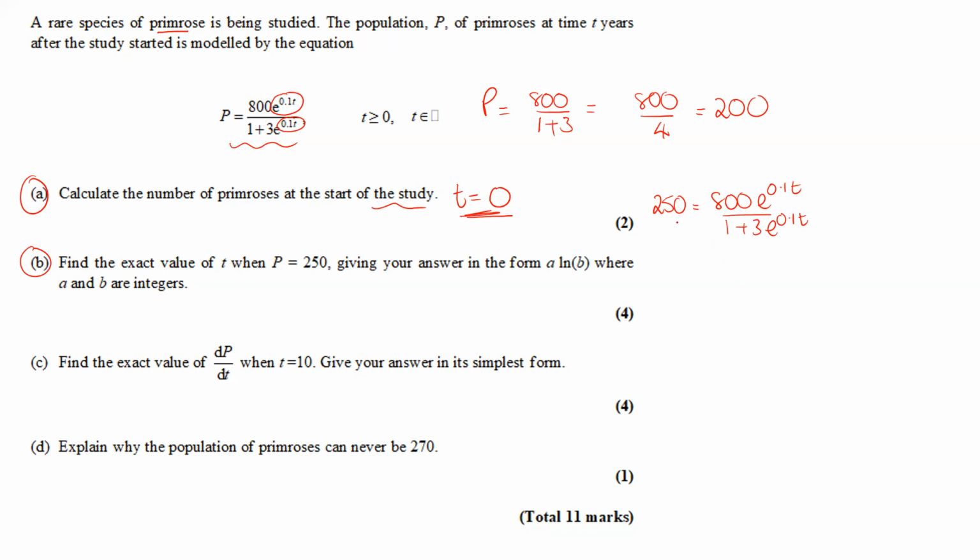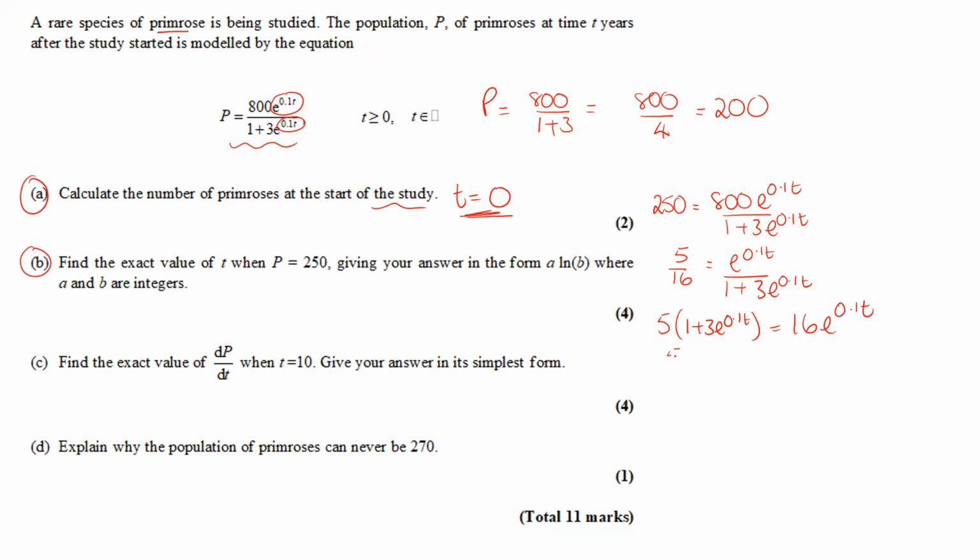So 250 divided by 800 is 5/16, equal to e to the 0.1t over 1 plus 3 e to the 0.1t. Now we need to cross multiply and get it clear of fractions. So 5 times (1 plus 3 e to the 0.1t) is equal to 16 e to the 0.1t.